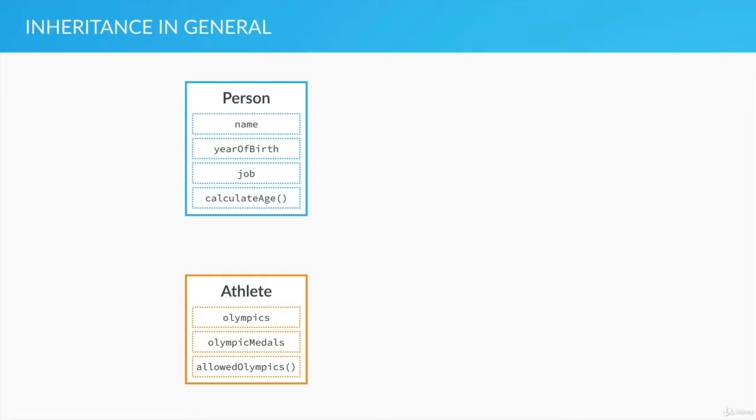So when we define the blueprint, so the constructor for an athlete, then why repeat the same stuff that we have in our person constructor? An athlete also has a name, year of birth, and job, right? So what we can do is to use inheritance. We make the athlete object inherit the properties and methods from the person object.